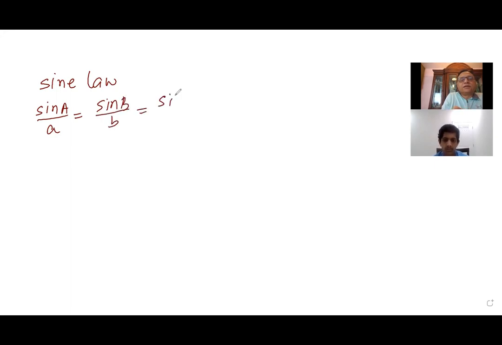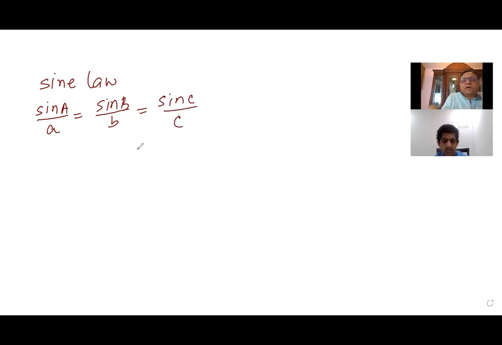First, we learned sine law, which was sine A over a equals sine B over b equals sine C over c, right?